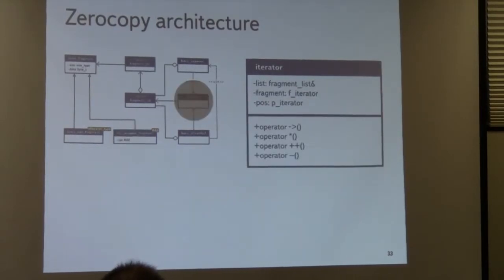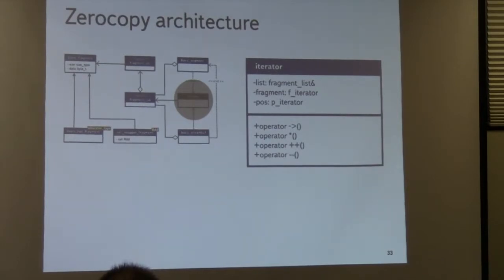Okay. This is the iterator. This class helps us to use the list of fragments as continuous memory, like a container, like vector. This is a random access iterator.